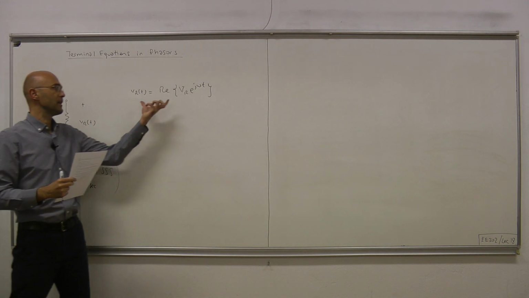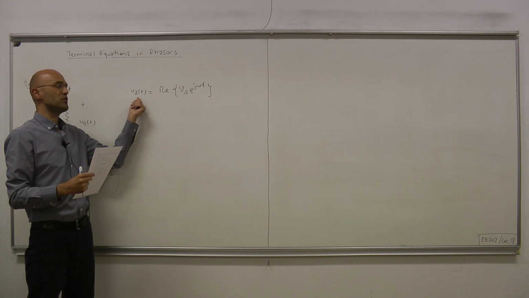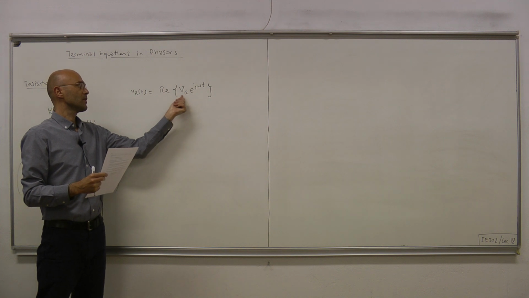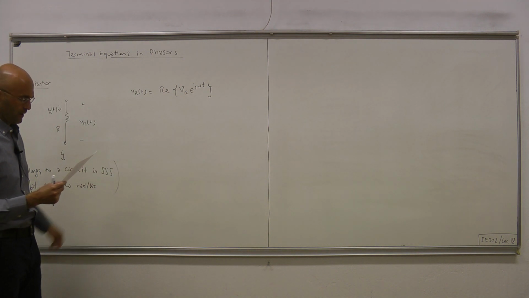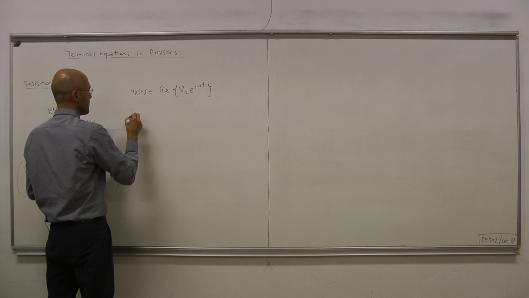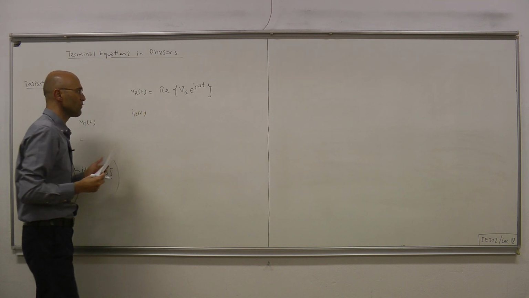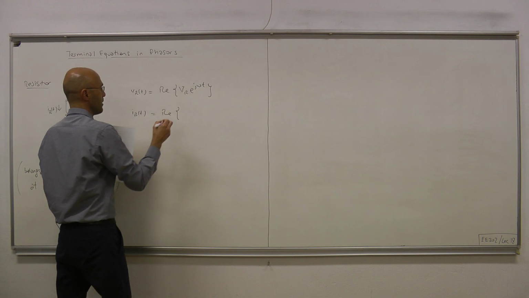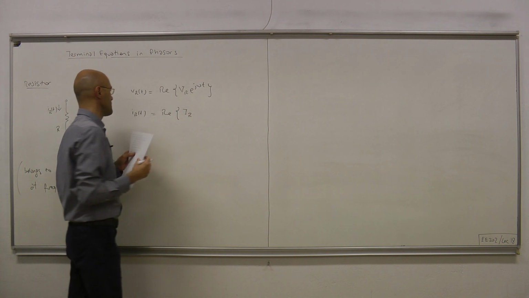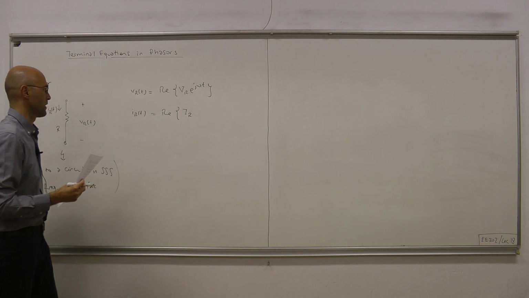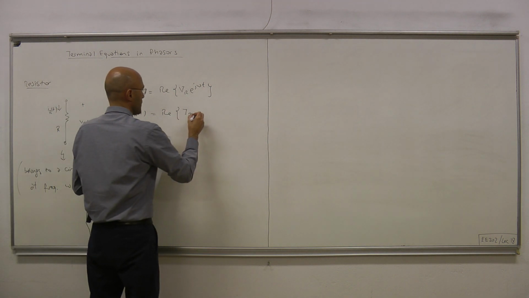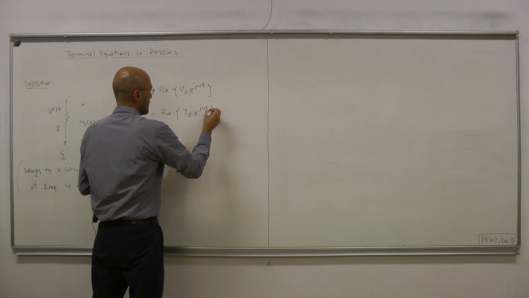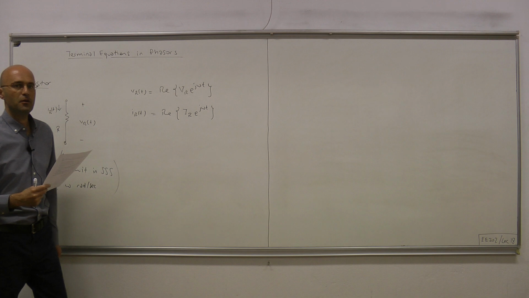So this was our relation between the time domain signal and its phasor. And iR(t) is the real part of the phasor of this signal, IR, times e to the j omega t.